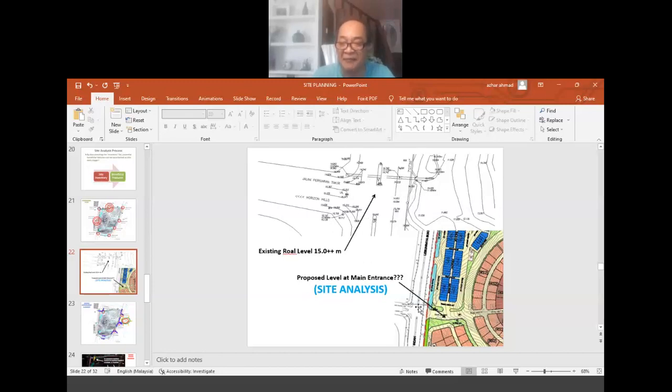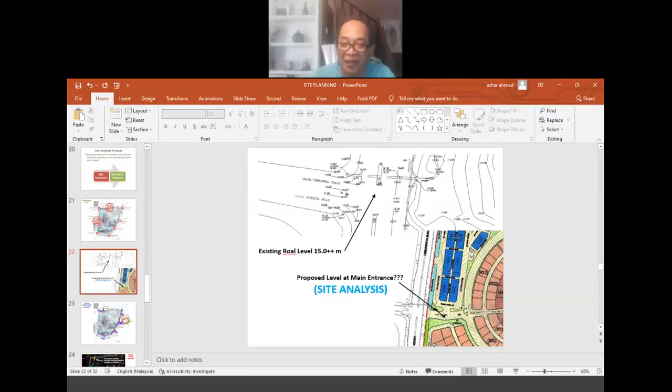So this existing level is around 15 meters. So we would expect the entrance to the site, or the entrance to the development area, would naturally be slightly higher or the same. Now we are getting some figures. Okay. Now we can start proposing some levels.